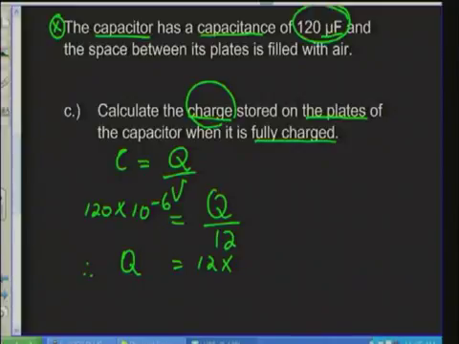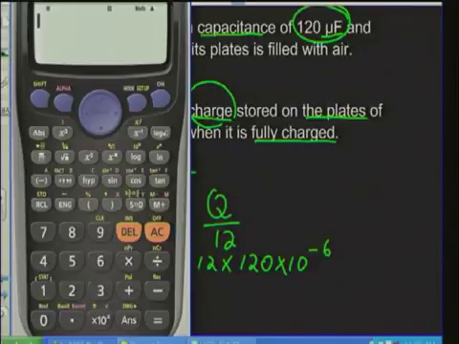I'm doing this for the sake of those that really battle to work out things. Then you work that out with your calculator.